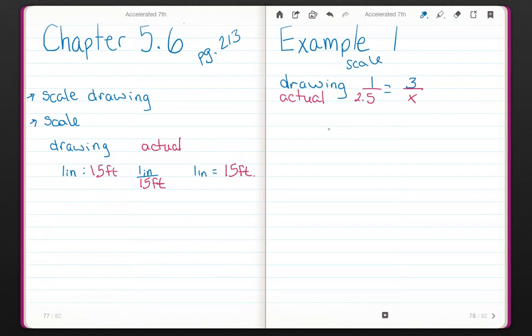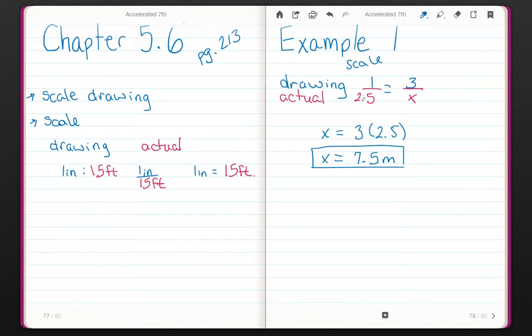So I'm going to cross multiply. So x equals 3 times 2.5. So x equals 7.5 meters. Now these are word problems. Please make sure you do not forget your units.